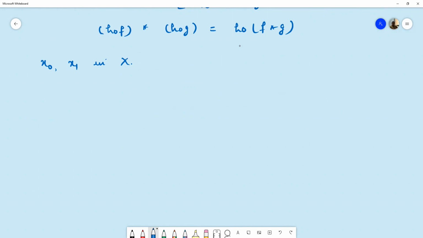So one h star is from pi1 of X, x0 to pi1 of Y, y0, and the other h star is from pi1 of X, x1 to pi1 of Y, y1, where y1 is the image of point x1. So in that case, we will differentiate both the h star mappings by these symbols, h x0 star and h x1 star. Now, h x0 star is the mapping from the fundamental group based at point x0, and h x1 star is the homomorphism induced by h relative to the point x1.